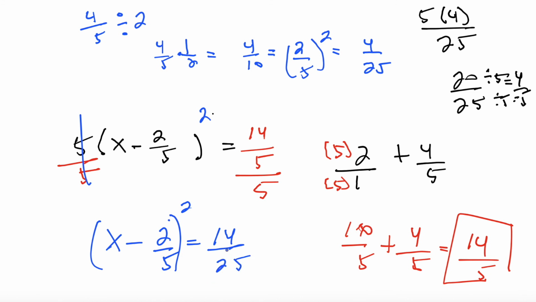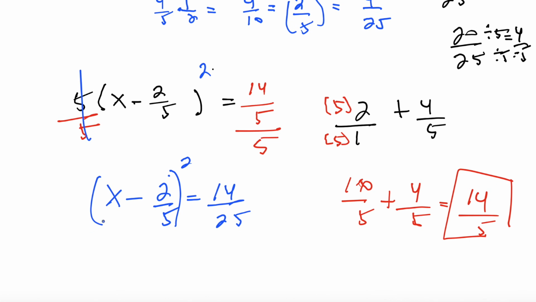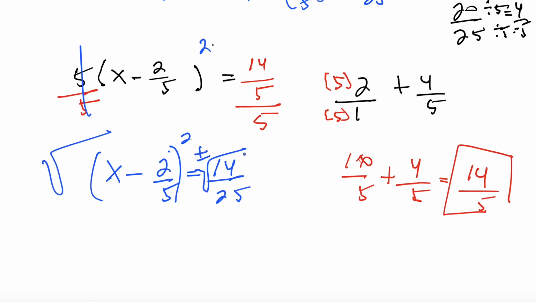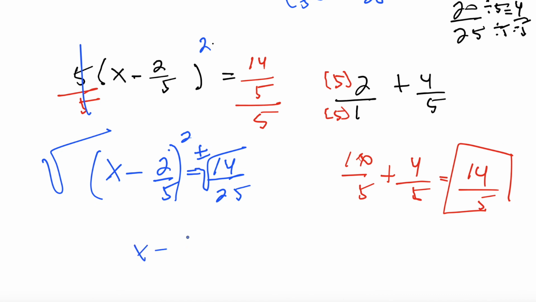Now square root of both sides, and this one's plus or minus. You get root plus or minus root, and you're going to get x minus 2/5 equals plus or minus, and then you can split your root over 5. Yeah, or the step is like that, but then that's over 5.